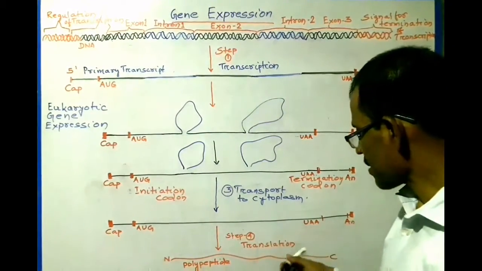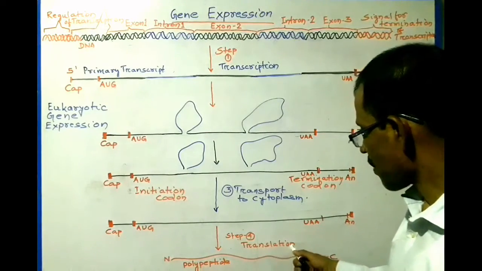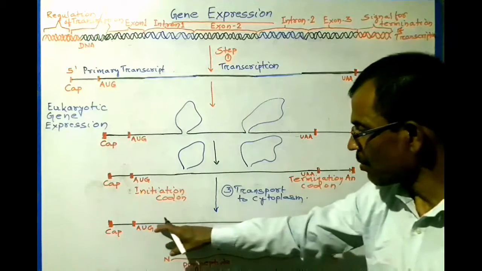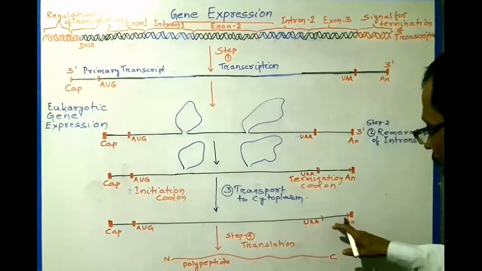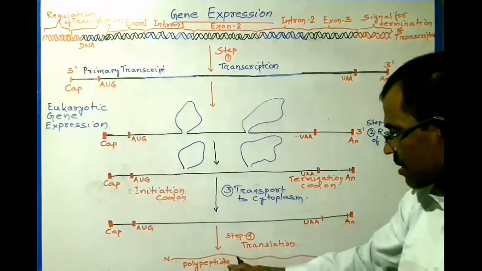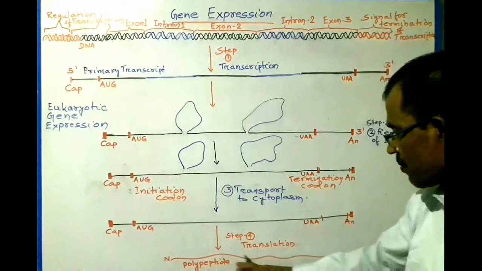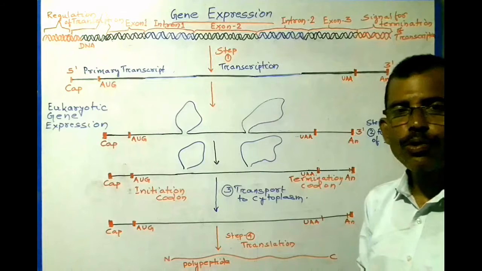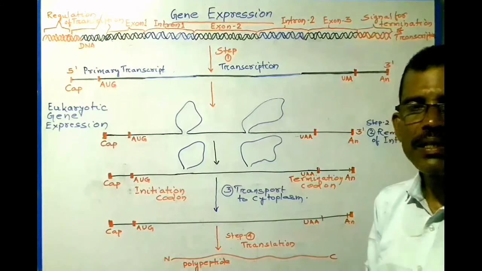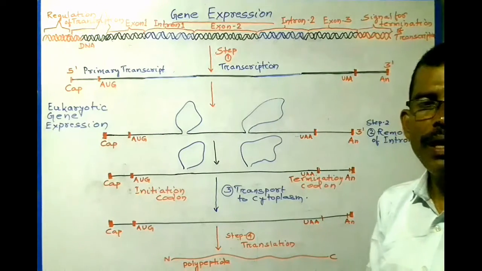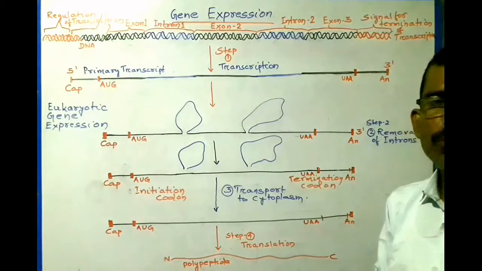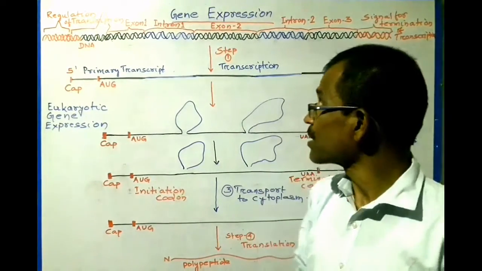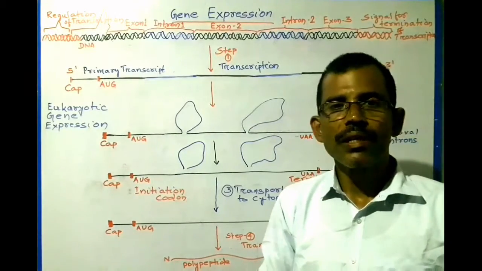Inside the cytoplasm, the process of translation takes place, in which the nucleotide sequence of mRNA is translated into a specific polypeptide chain. Protein synthesis takes place on a macromolecular machine known as the ribosome. So friends, this is about gene expression in prokaryotes and eukaryotes.